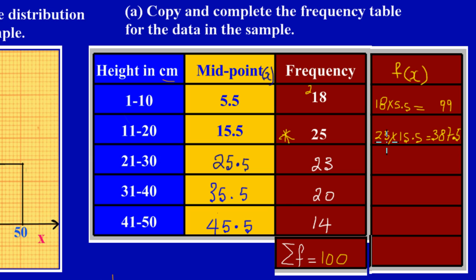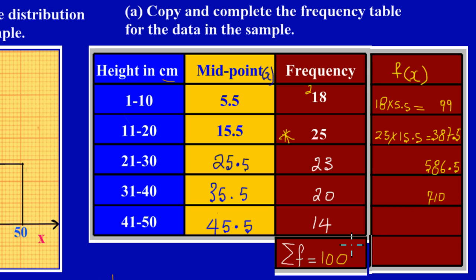All right, so let's just make it a bit brighter. Yeah. So that's how you would calculate the f of x value. You take your frequency and you multiply by the corresponding x value in that row. Alright, so let's fill out the rest of the table. My next value would be 23 times 25.5, and that would give us 586.5. Then for this row, 20 times 35.5, and that would give us 710.